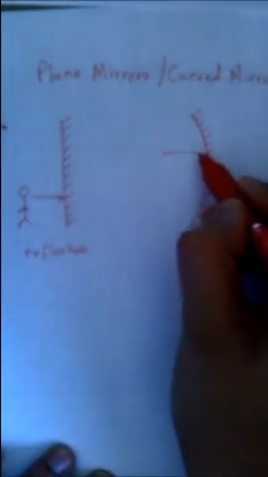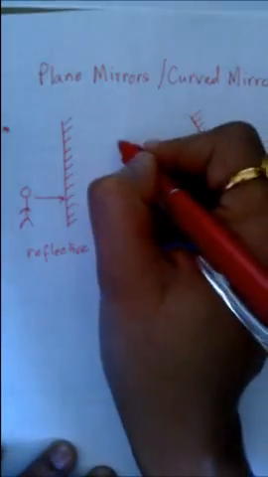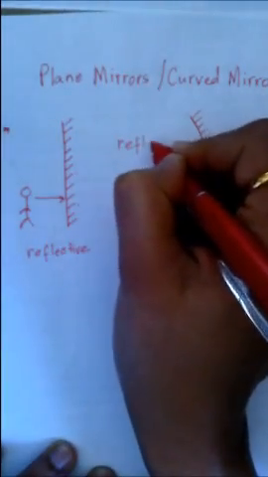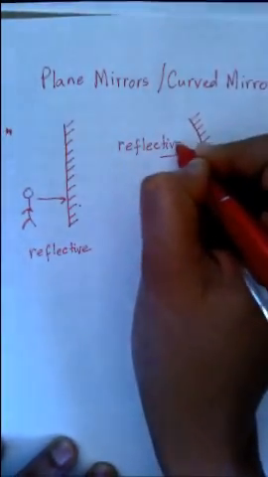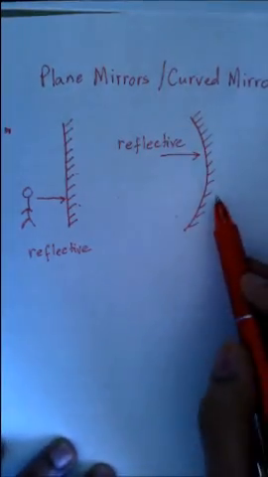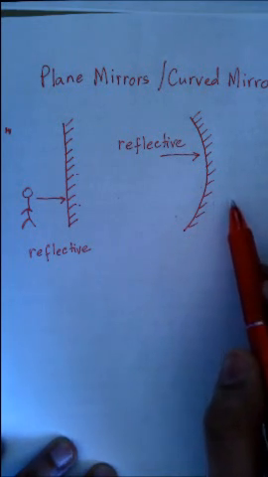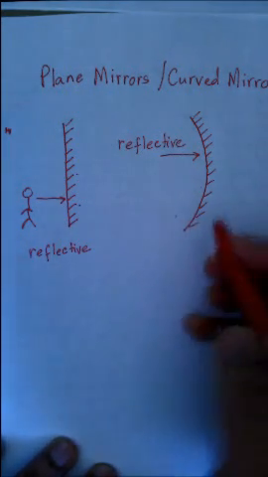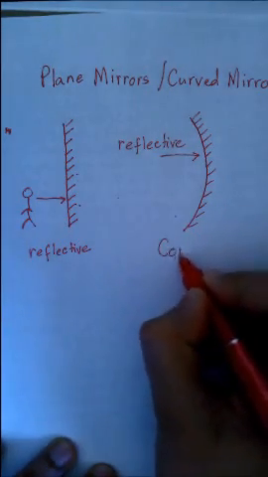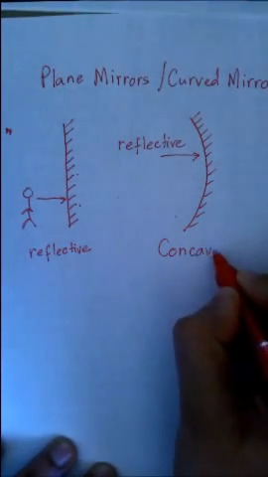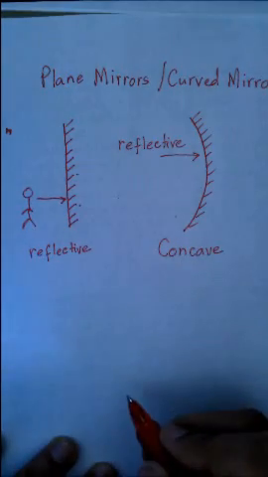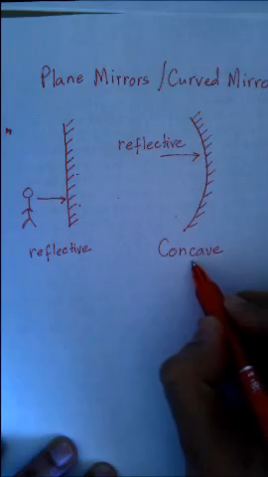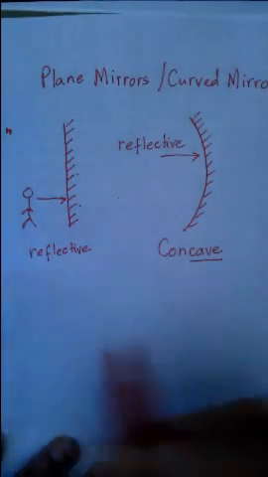So this side becomes my reflective surface, and the outside of the cave becomes the non-reflective surface. What we just created is known as the concave mirror. There's a way to remember the name. Look at this word cave over here.